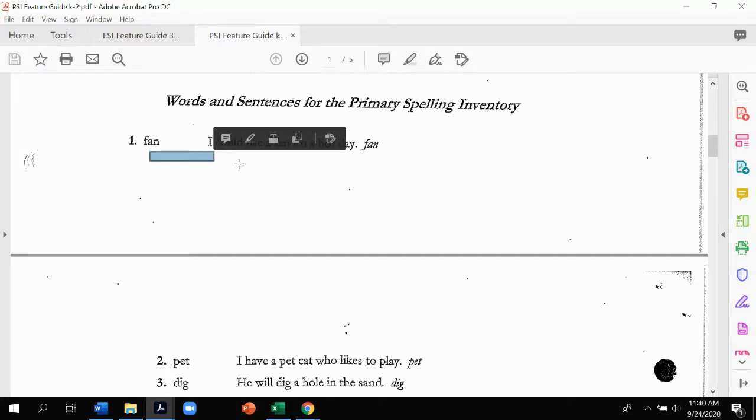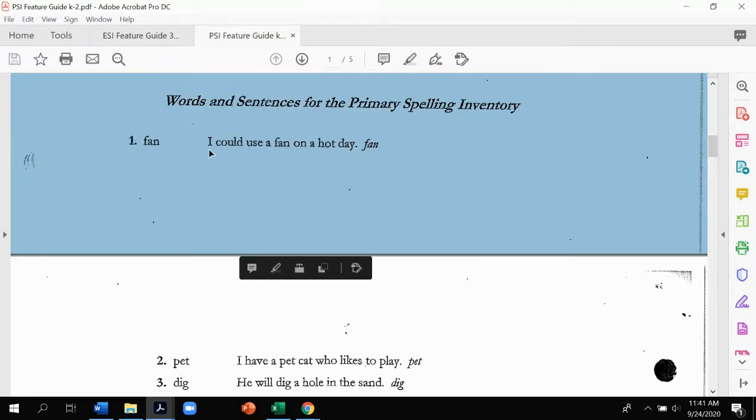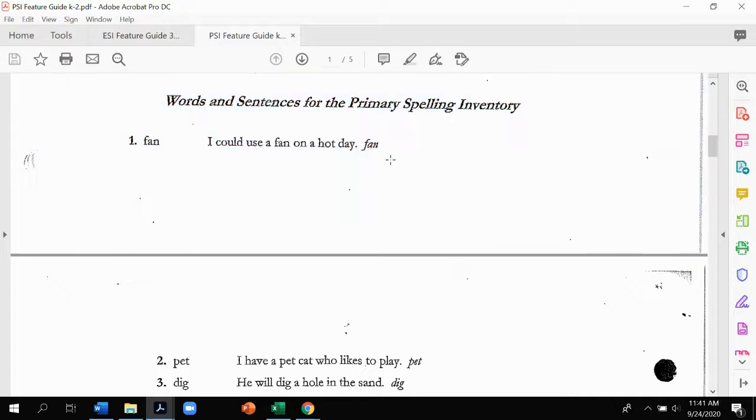And you can use the sentence here as an example. So you would say, I want you to spell the word fan. And I'm going to give you that word in a sentence. I could use a fan on a hot day. Fan. And then give the student time to write that word down.